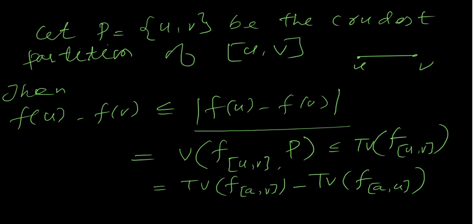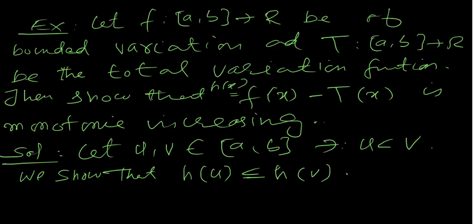Actually, I have to show that their sum should be taken, not the difference. I have to show that this function fx plus tx is monotonic increasing, where tx is the total variation function, not a minus sign.